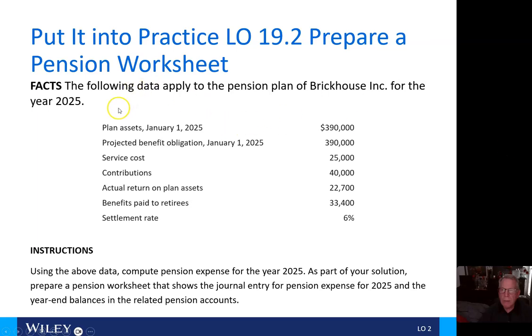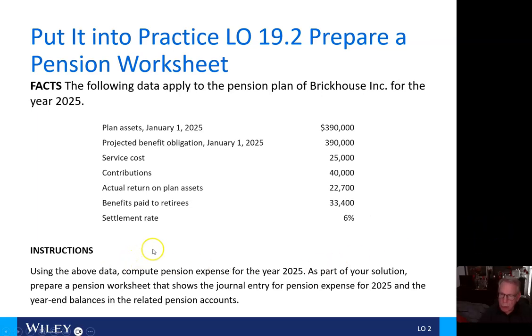All right, now the following data apply to a new company, Brick House Incorporated, for the year 2025. So they give you plan assets at the beginning of the year, projected benefit obligation at the beginning of the year, service cost, contributions, actual return on plan assets, benefits paid to retirees, and a settlement rate of 6%.